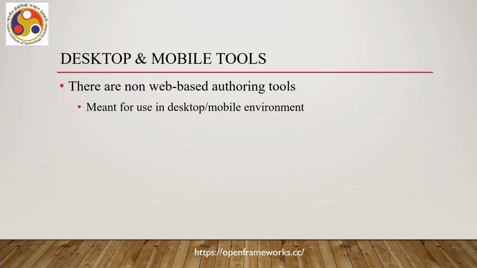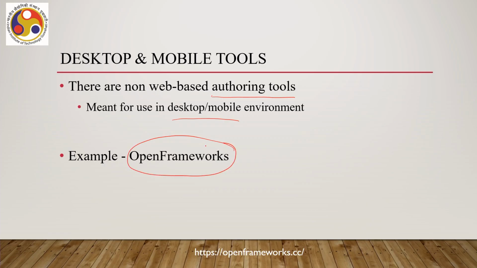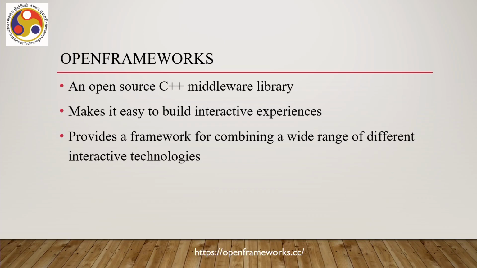There are also non-web based authoring tools meant for mobile and desktop platforms. So, both the environments are supported with such tools. For example, open frameworks. As the name suggests, this is a framework which is a combination of multiple libraries. It is meant for desktop and mobile platforms. Now, open frameworks is quite widely used.